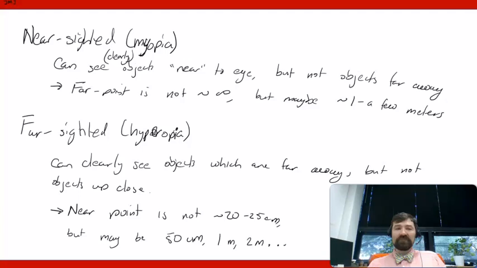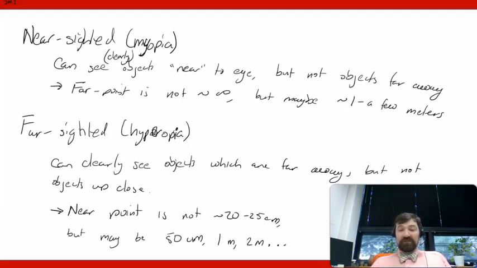Obviously, nearsighted people, without vision correction, can read a book or do anything up close, not a problem. But activities that involve anything farther away than 1 or 2 meters start to be very blurry, which makes sports hard, makes driving hard, that kind of thing.